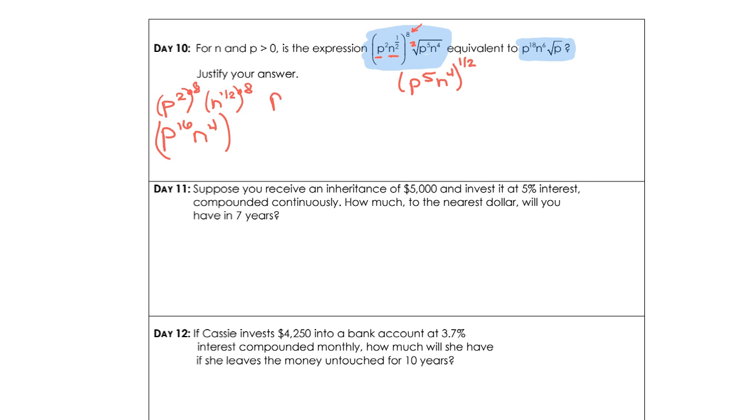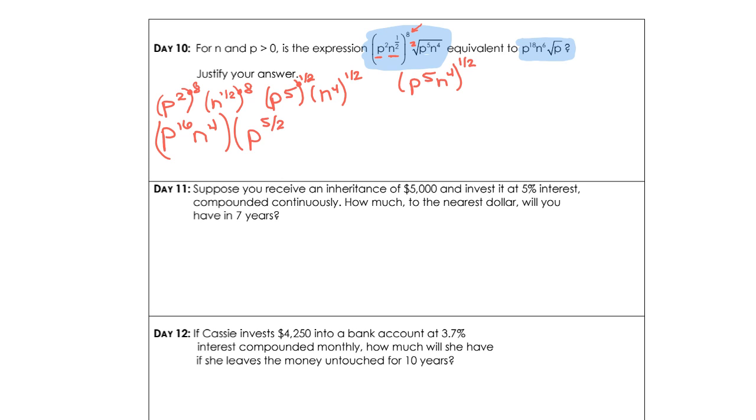So we're going to have p to the 5th. That's going to be raised to the 1/2 power. And we're also going to have n to the 4th raised to the 1/2 power. Okay, and so when I go ahead and multiply my exponents again, 5 times 1/2 is 2.5, which is a fraction of 5/2.